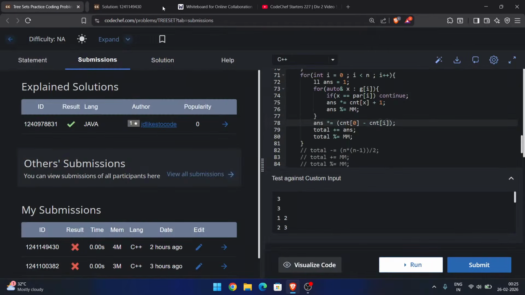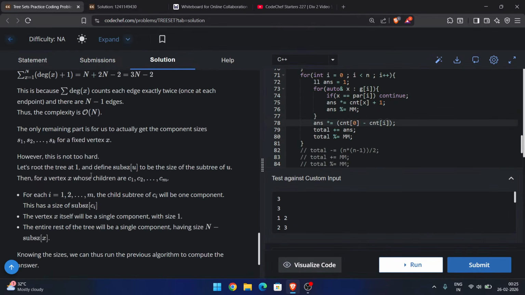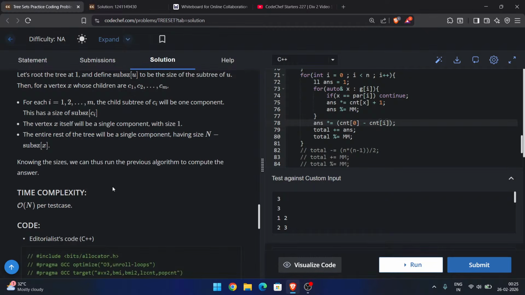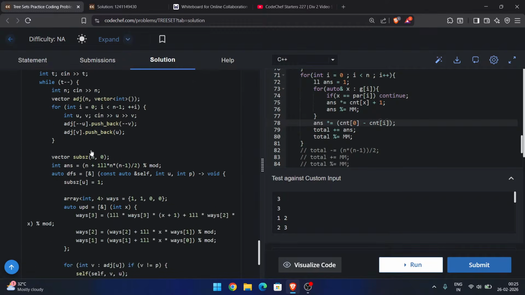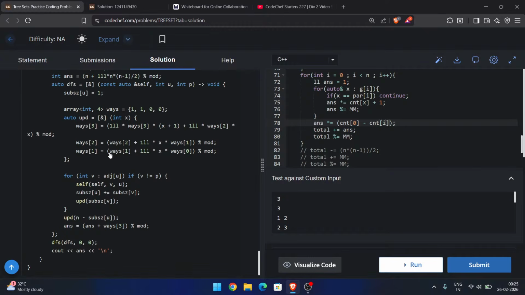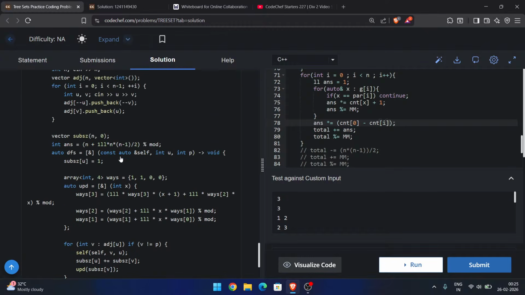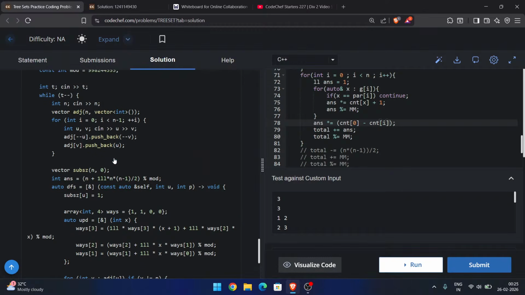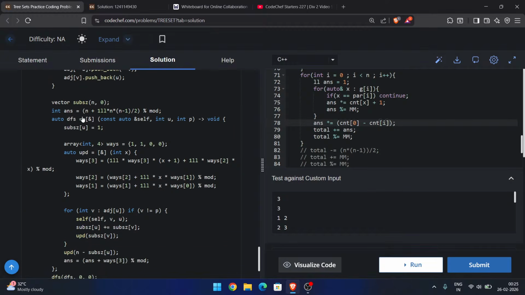Okay, this is Java code. Let me show you something. C++. Okay, so you can see in this code, what they have done is they are doing the DFS.